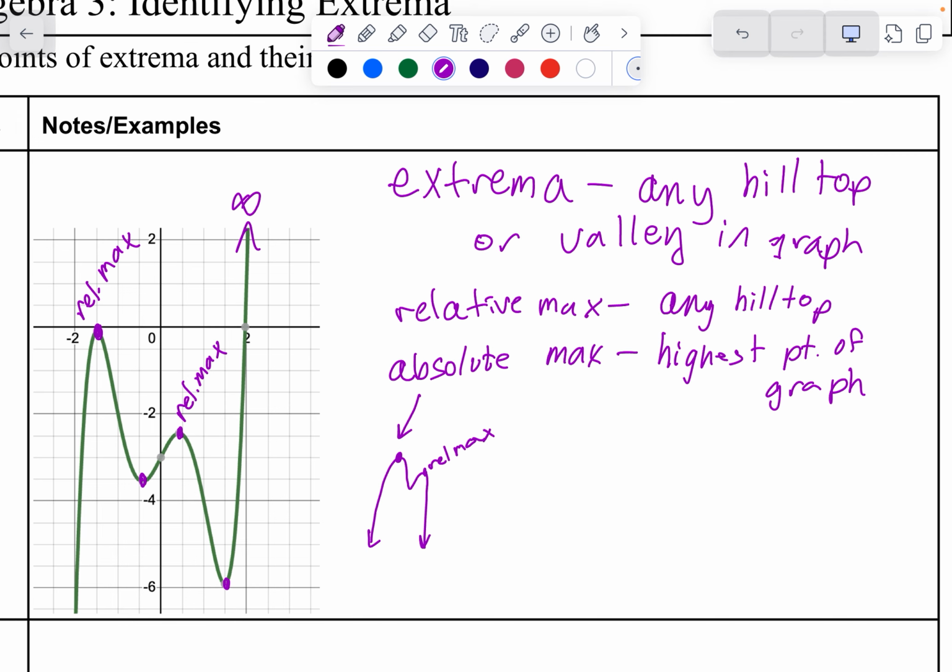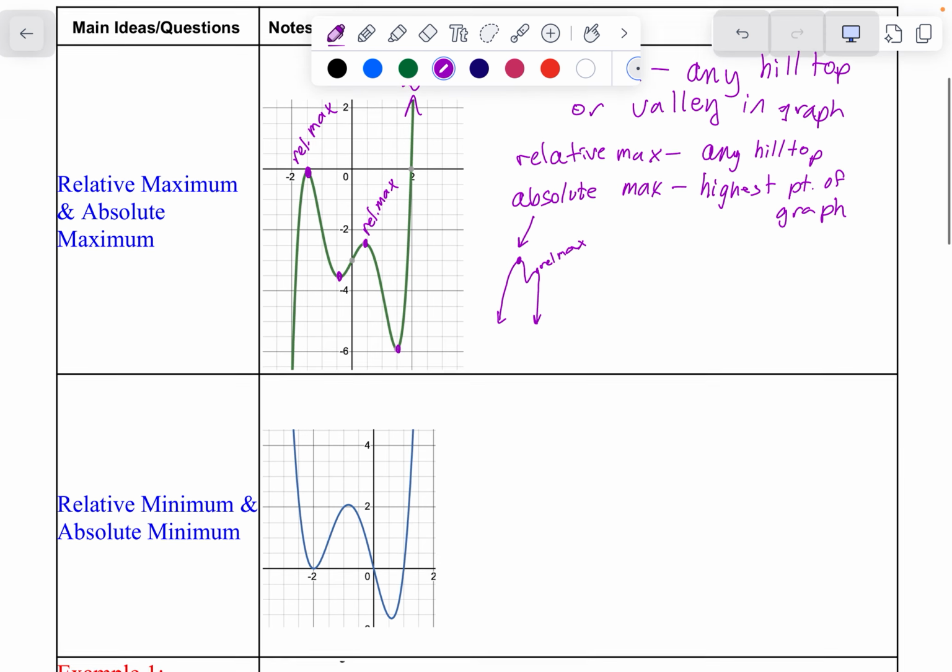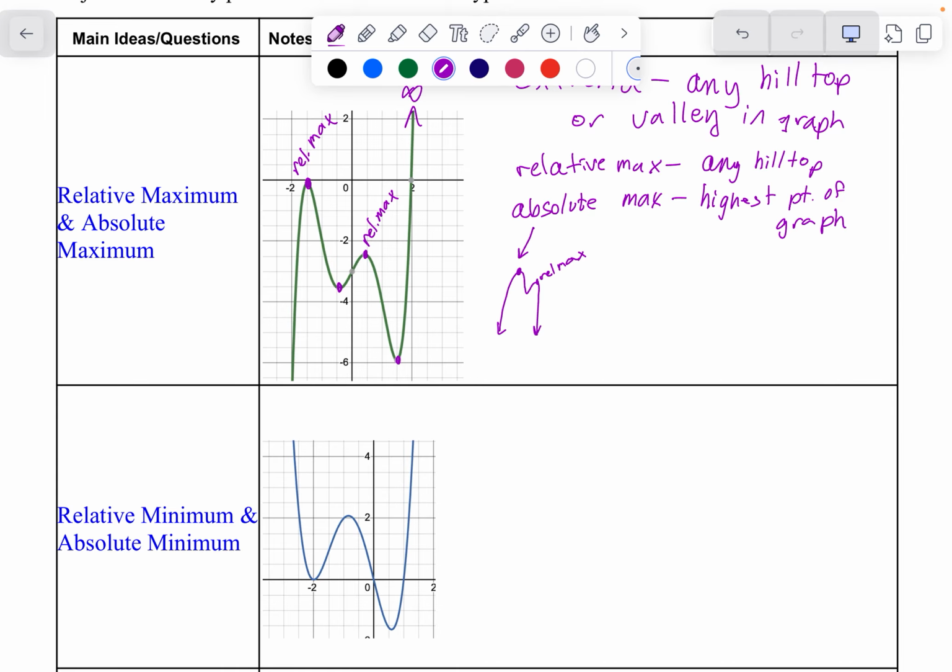Now, if we look at relative minimum, it's the same idea. A relative minimum, I'm just going to put relative min, is any valley. So an absolute min is the lowest point of the graph.